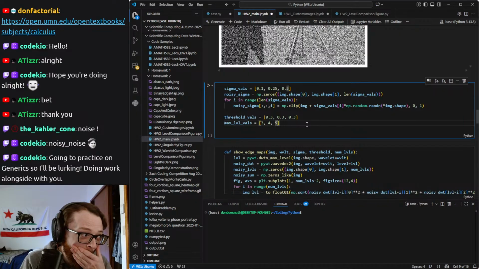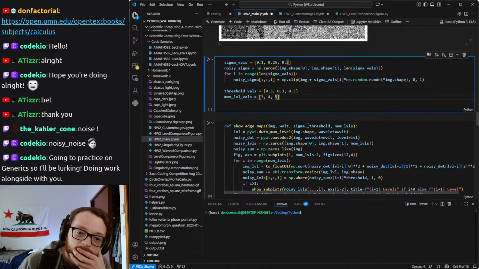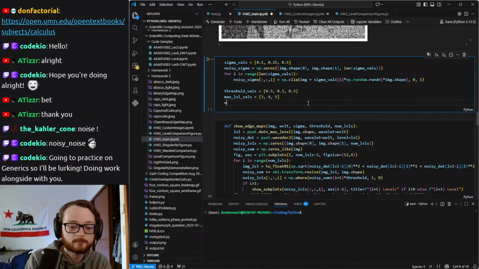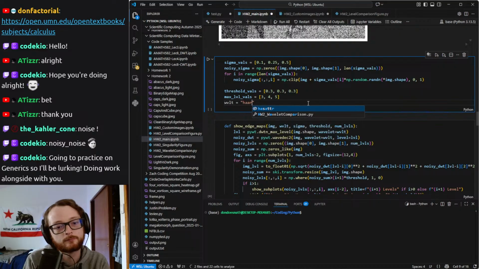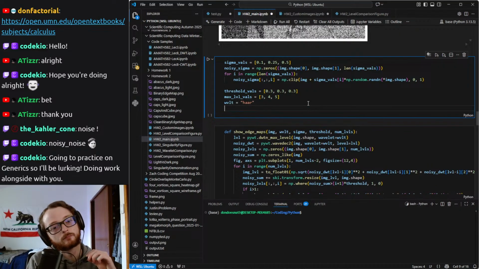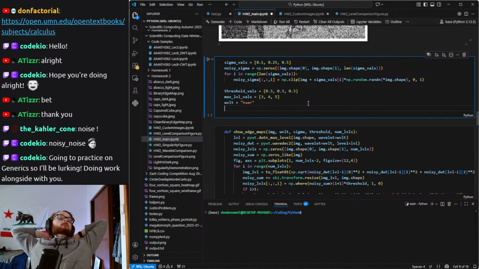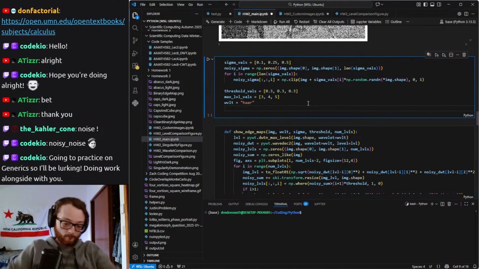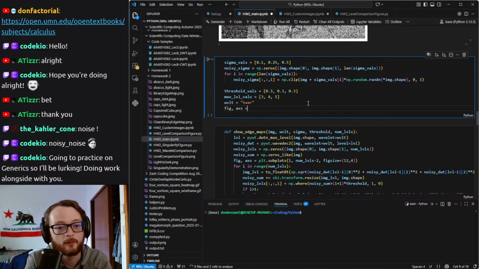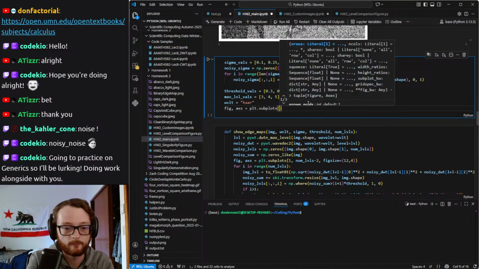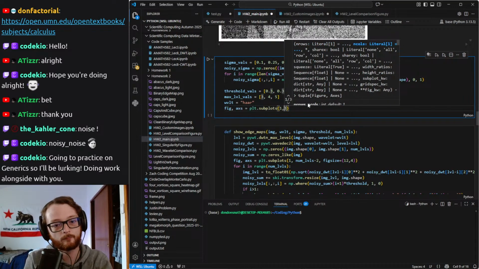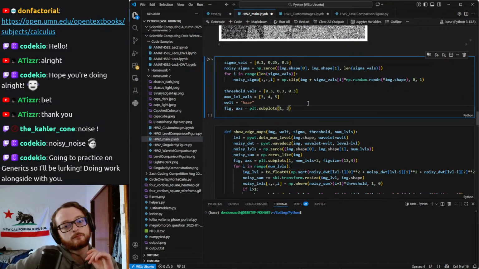Do I want 3 plots, 1 for each noise level?